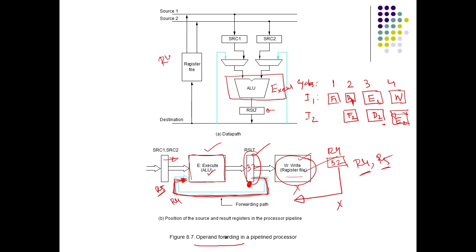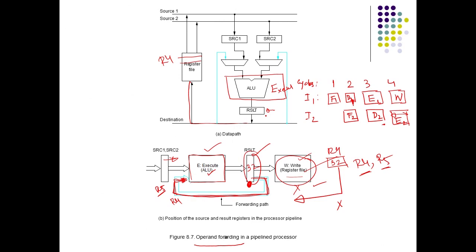R4 is here, one register called R4. This result will be written here at the stage W, the write back stage. The result is available here, and to write it from this flip flop, or sorry, this register, to this register, there is a stage called write.